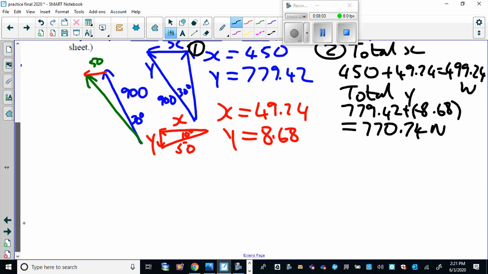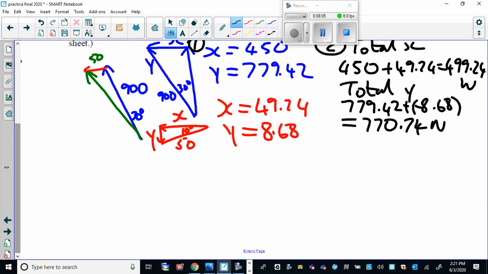And now that we've got that, I'm just going to do it over here. We can make a new triangle with those components. So we've got, and I always do my horizontal component first. So my horizontal component is 449.